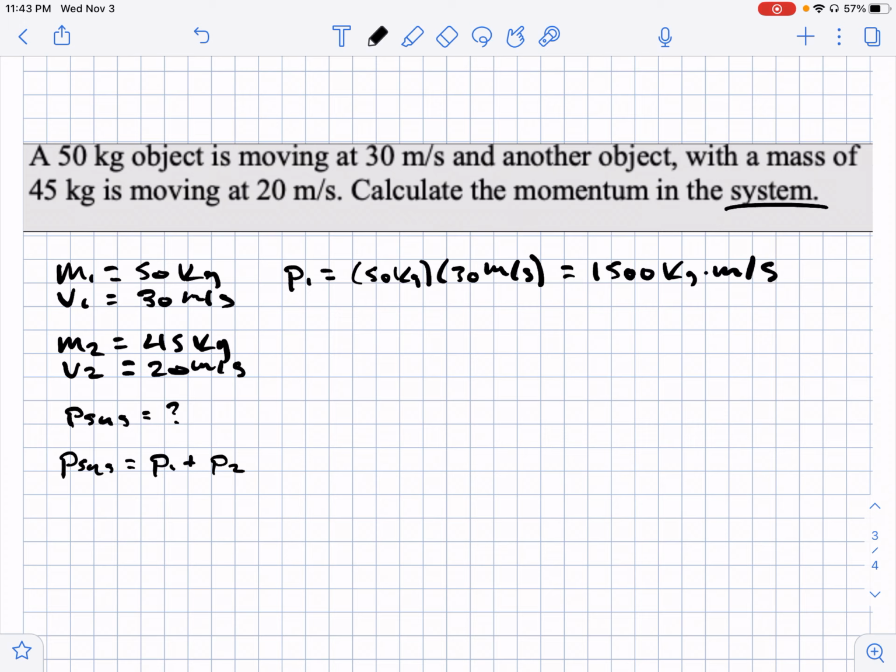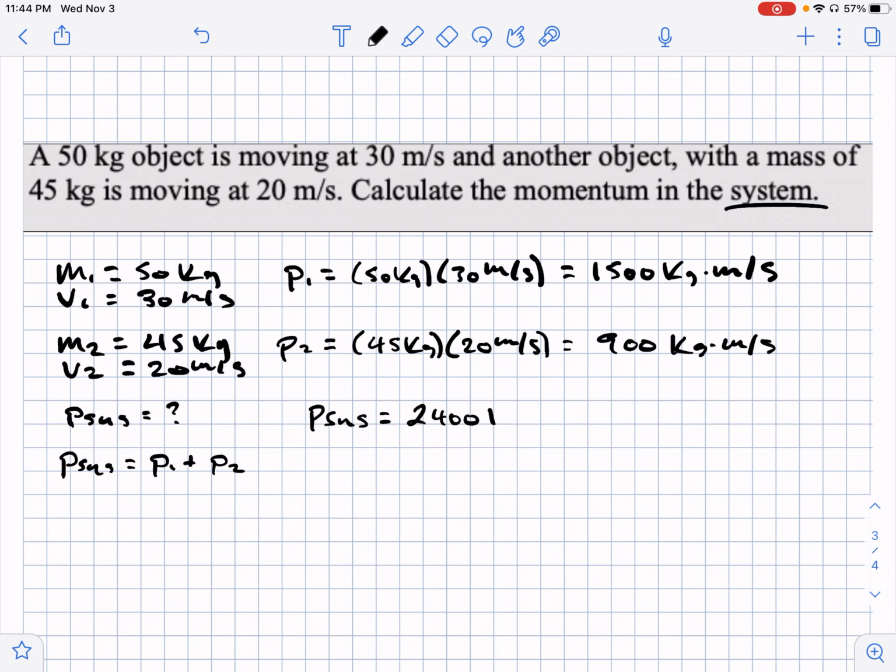And for object 2, we had 45 kilograms times 20 meters per second, which gives me 900 kilograms times meters per second. So the momentum of the system here is just going to be the 1,500 plus the 900 kilograms times meters per second. So that gives me 2,400 kilograms times meters per second.